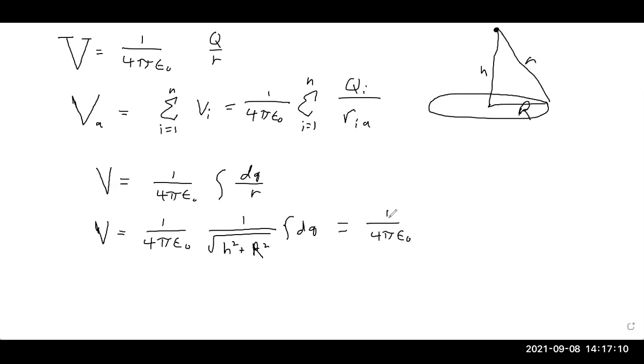Or if you instead had a linear charge density, that total charge would become 2 pi r lambda.